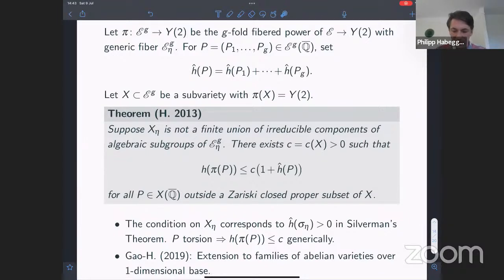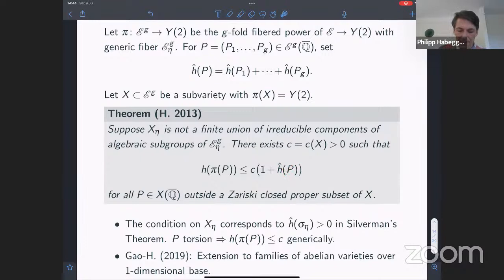So the height inequality has the following application that goes also in the direction of the previous slide, namely that if the hypothesis is satisfied and if P happens to be in general enough position so that the inequality holds, and if it happens to be a point of finite order, then this will disappear, and we'll just get that the height is bounded by some constant, right?